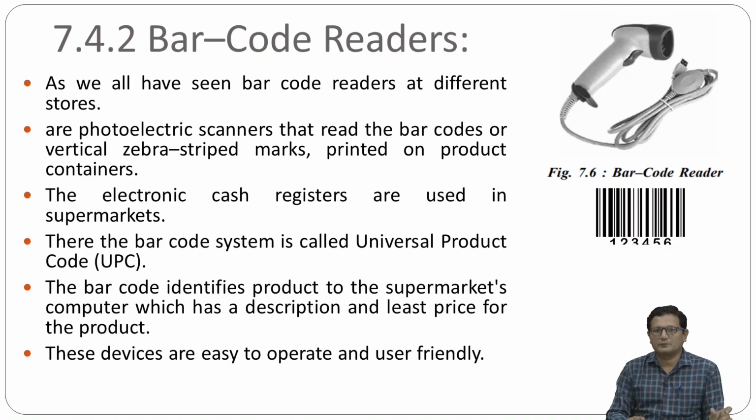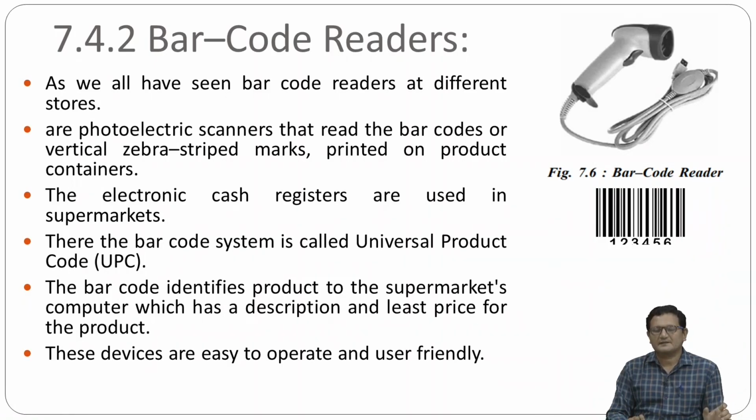Okay, so here the particular product is there, and on that product you can see this type of barcode symbol, right? A barcode symbol has some thin and thick lines, and to print these thin and thick lines, the universal product code, UPC, is used.